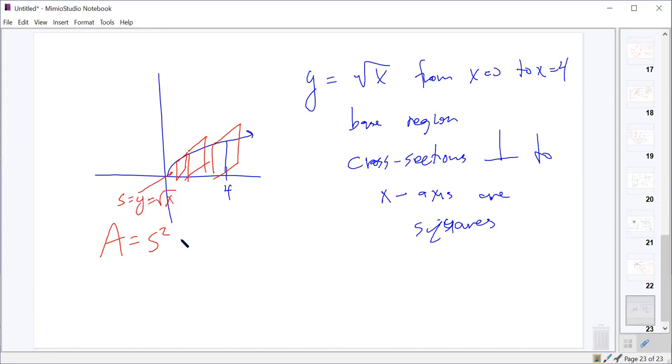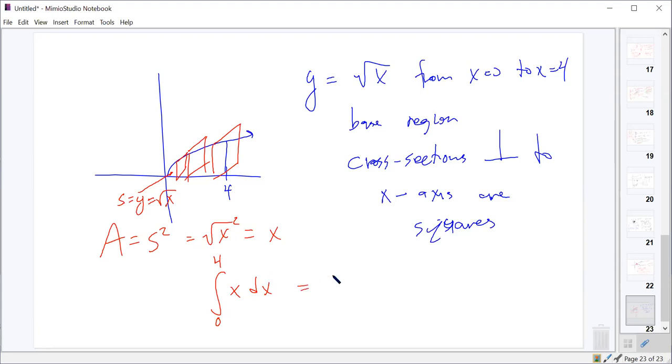So that would tell us that the area is just y squared, or just root x squared, or just x. So the area of each of those squares that we draw is simply x. And so then we would integrate from 0 to 4 of x dx, and that would tell us that volume.